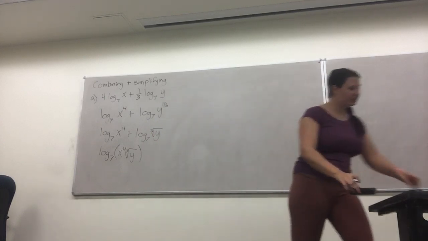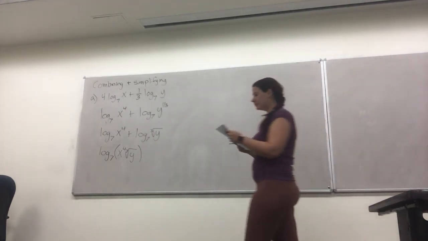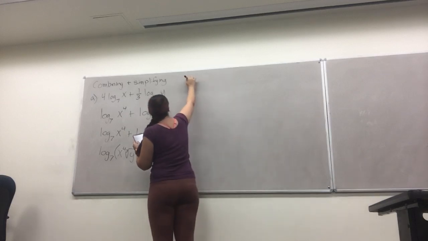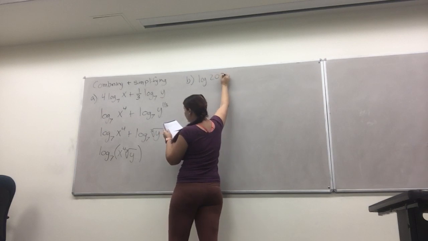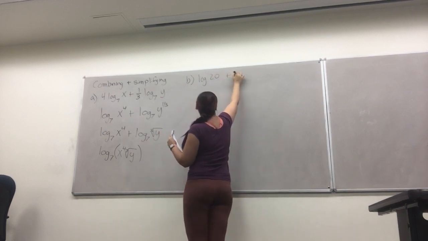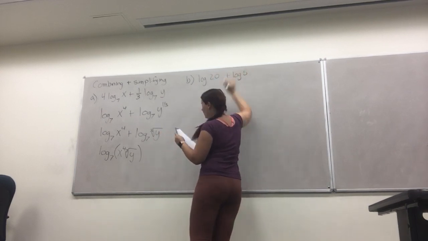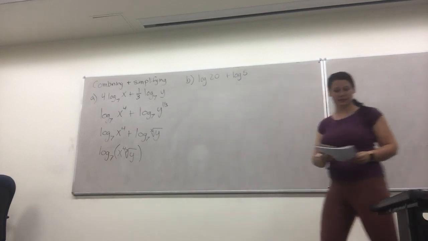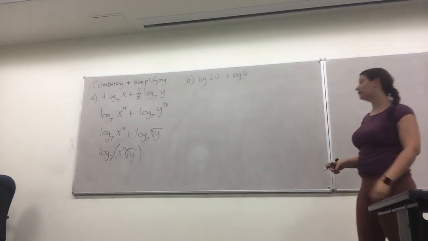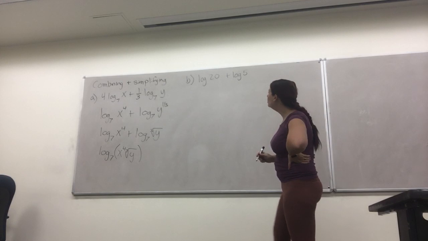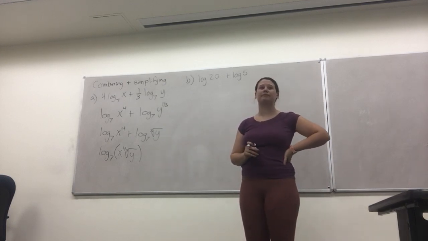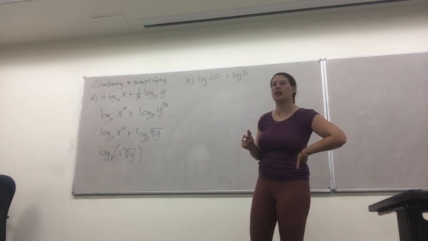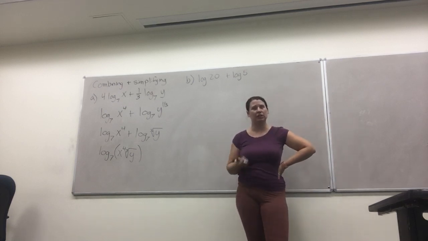Okay. Then, next, if we have log of 20 plus log of 5. So, where do we go from here? First thought, do they have coefficients?